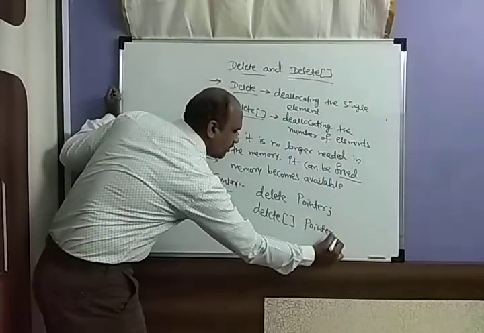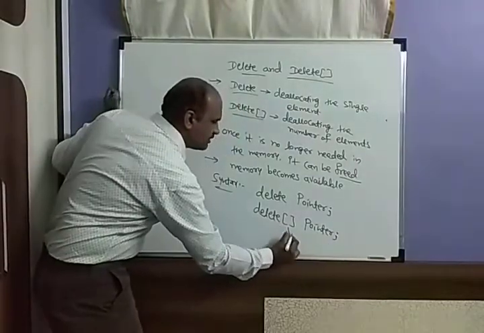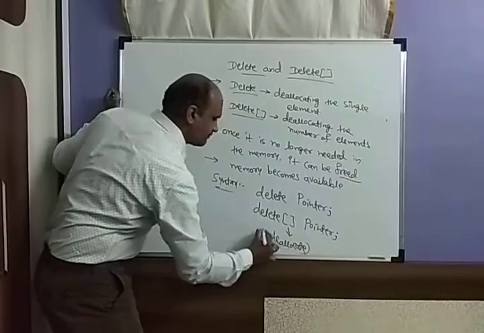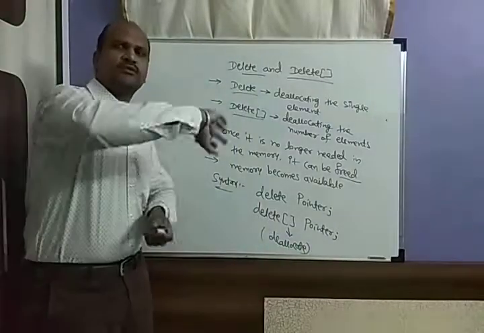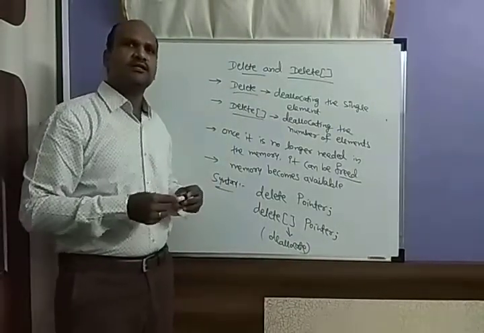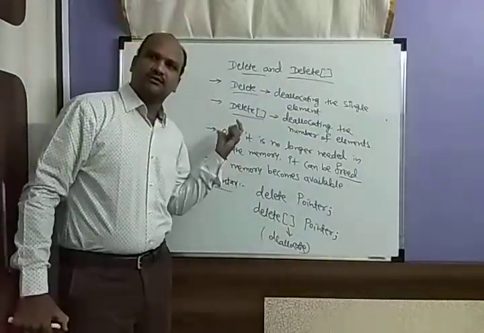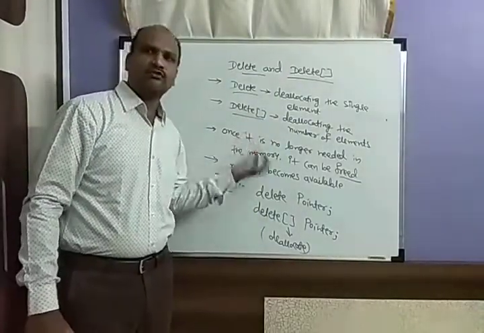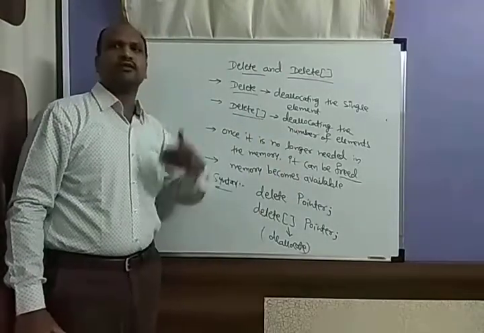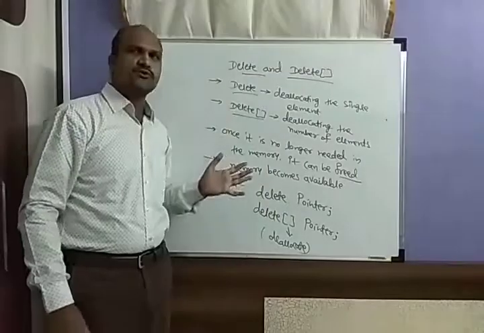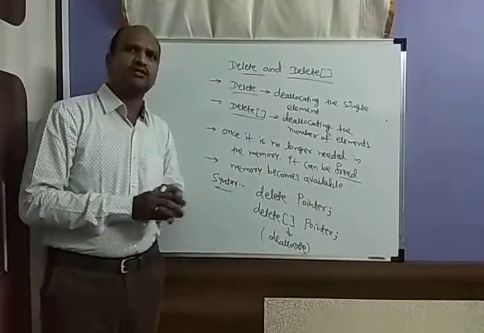However many elements you want, that many can be deallocated. Any unwanted memory, if you are not using it, will be freed and added back dynamically. This is how exactly the new and delete operators are used.